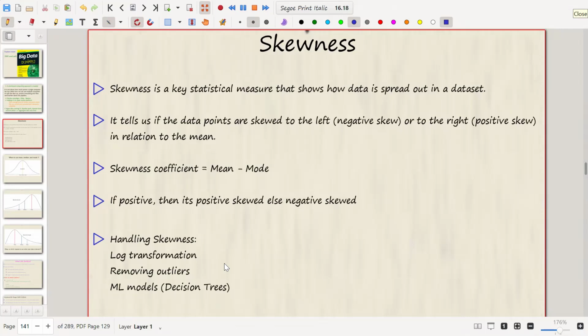Skewness. So what is skewness? Any thoughts? How many of you have learned about skewness before?